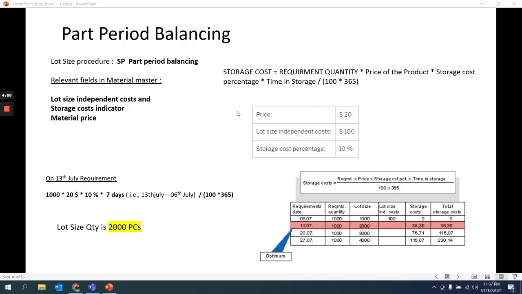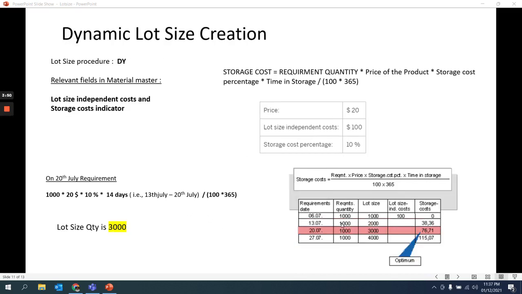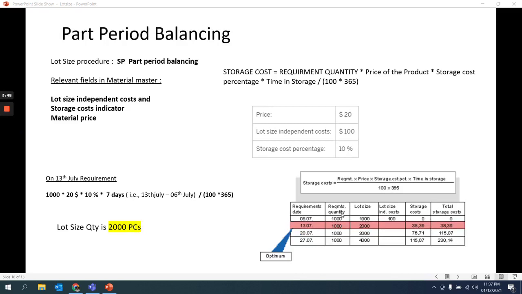Let's take a material with a price of $20, with the lot size independent cost maintained in the material master. The storage cost percentage is 10%. Here we have requirements on 6th of July, 13th of July, and so on.